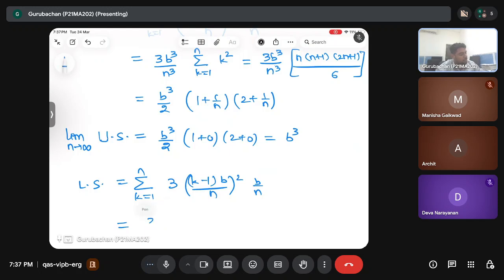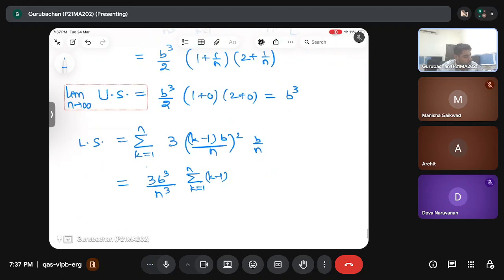Let me just write like this: 3b cube divided by n cube, summation k from 1 to n of (k minus 1) square. So you may rewrite like this, when you replace k, it will be the sum from 1 to n minus 1.